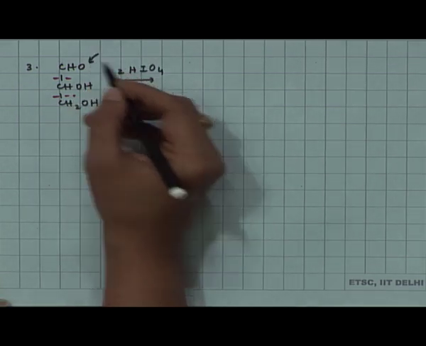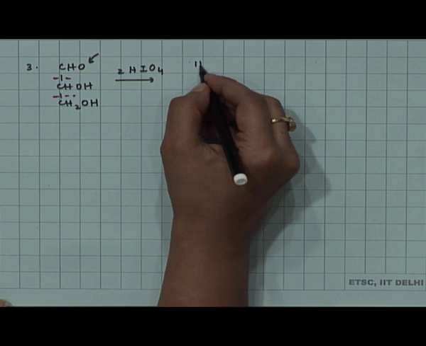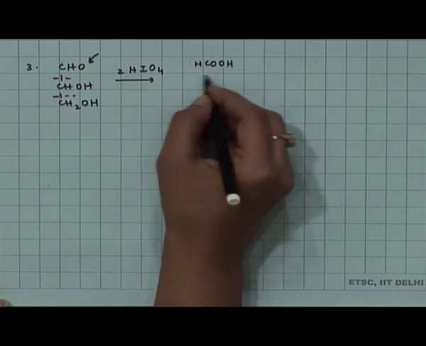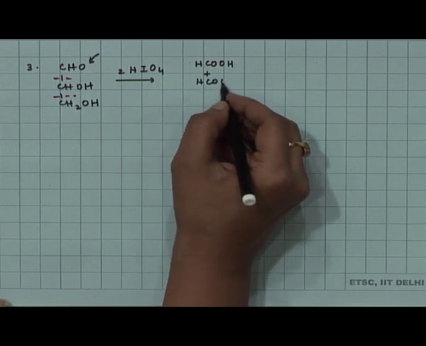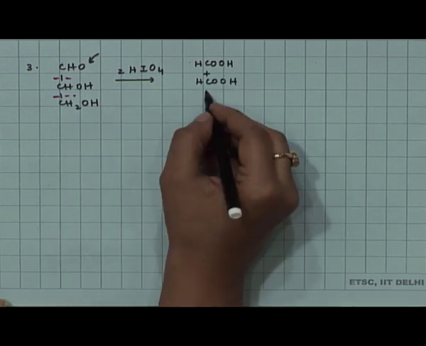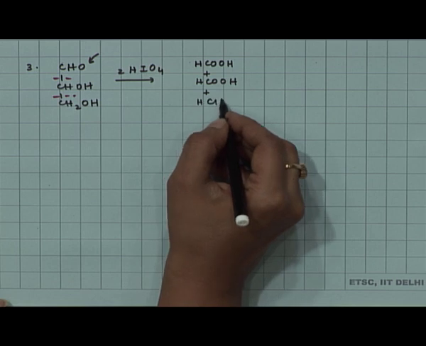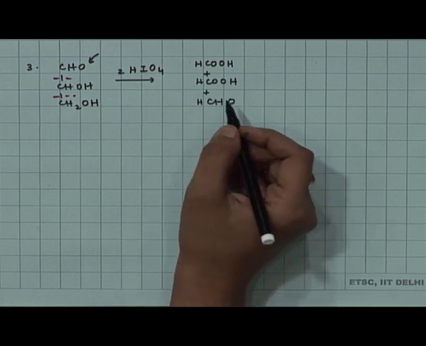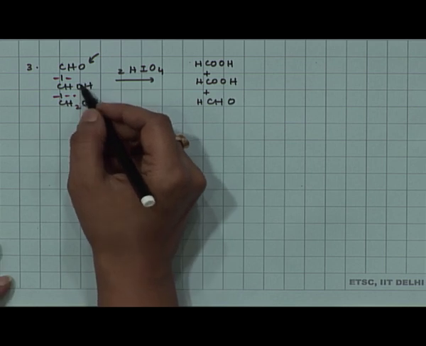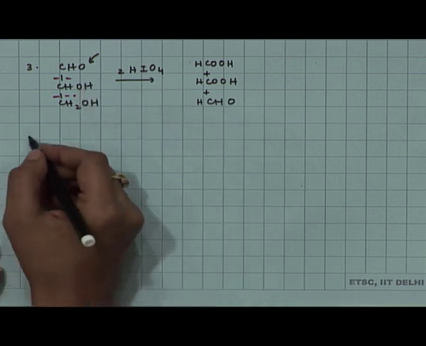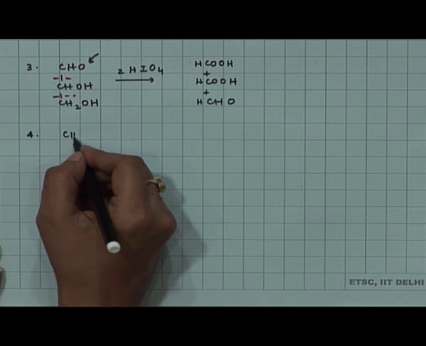Now, the terminal formyl group is going to oxidize to formic acid, and the internal one is also going to oxidize to formic acid, and this terminal CH2OH yields formaldehyde. So, if any aldehyde or ketone is present adjacent to the carbon bearing OH, it also gets oxidized.